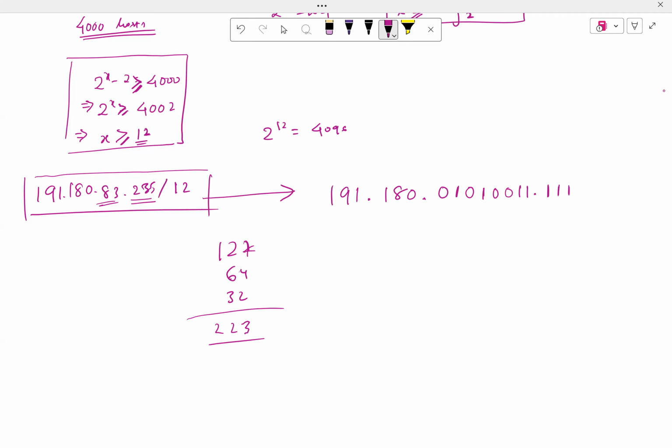223, then if I put 16, no, 16 will be 0. I put 8, yes, 8 is there. Then no 4, 2, and 1.